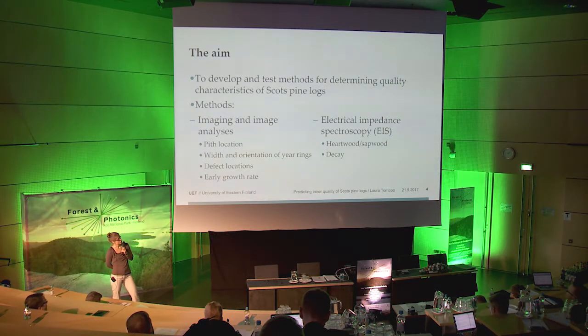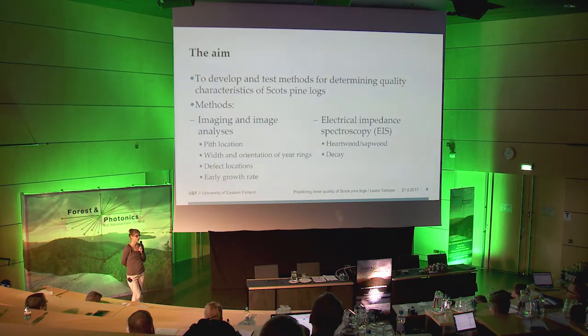We are also testing electrical impedance spectroscopy, whose parameters are mostly related to the moisture content and density of the wood material, and thus it can be used for evaluating the heartwood, sapwood and decay in the wood.